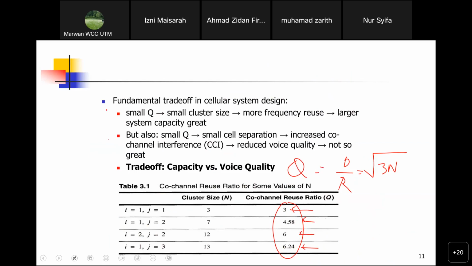So the one over here is the same thing. Small Q means that the cluster size is small. When you have a small cluster size, you can have more frequency in one cell, meaning larger capacity per cell. But the cell separation D is small, your CCI is going to be large, because your co-channel is nearer to you. That will reduce the voice quality, and this is not so great for the user.